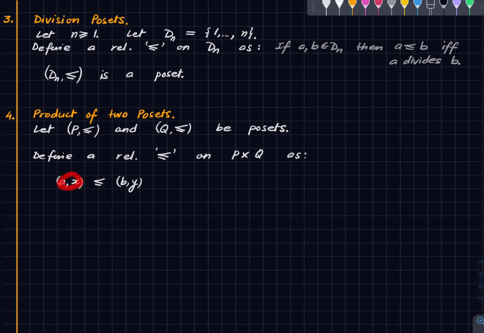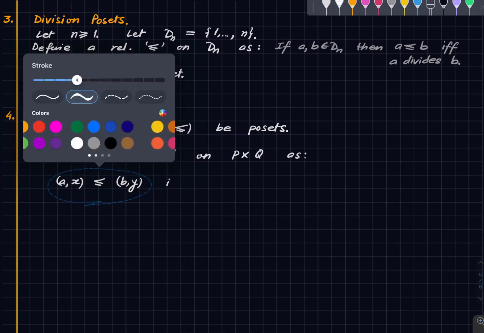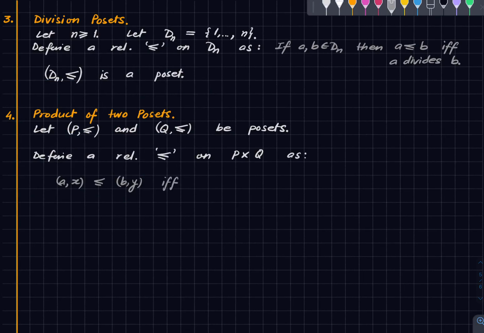This is an element of P cross Q and that is an element of P cross Q, which means that A and B are in P and X and Y are in Q. If and only if A is less than or equal to B and X is less than or equal to Y. When we write this symbol, we are using the one on P because A and B are elements of P, and when we write this symbol, we are using the one on Q because X and Y are elements of Q. So the way to compare two elements in P cross Q is to compare them coordinate-wise.